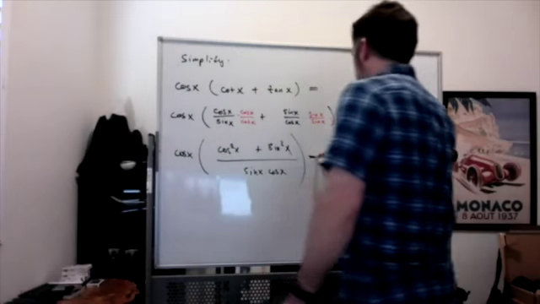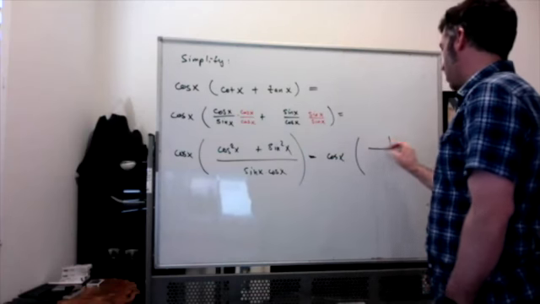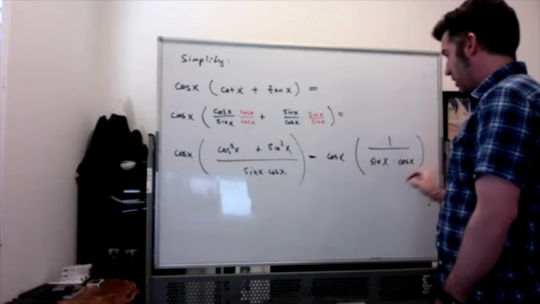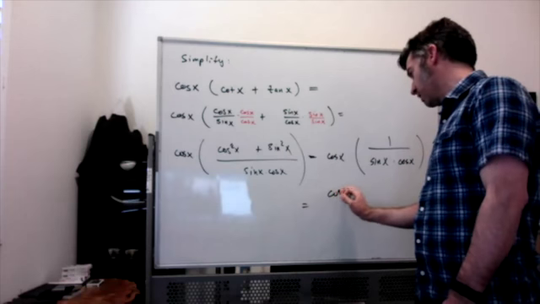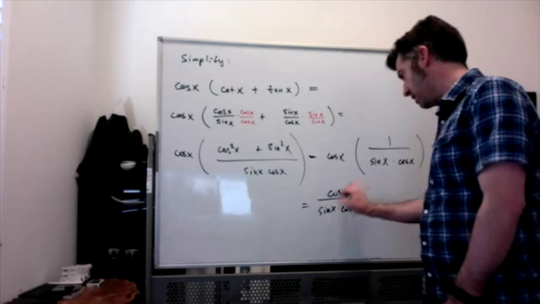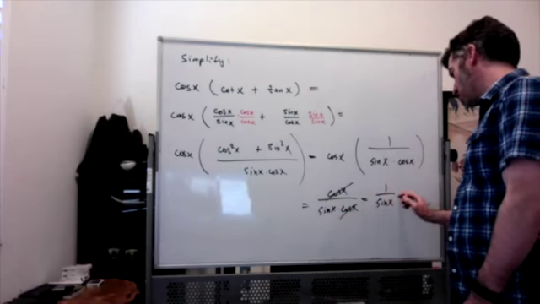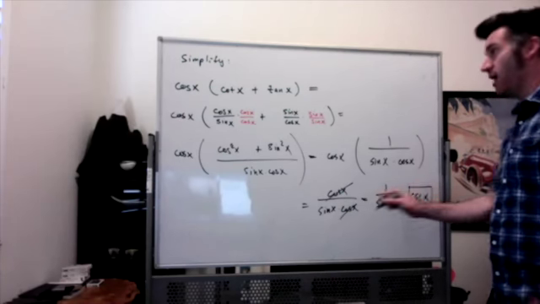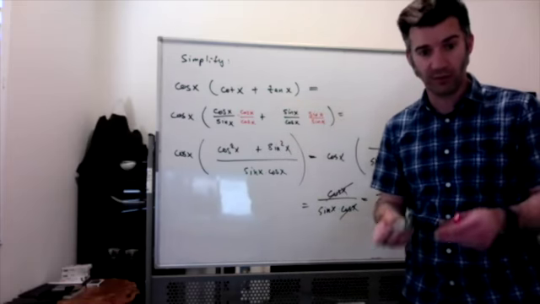So this can be rewritten as still cosine x times 1 over sine x times cosine x. At this stage, you could either cancel the cosine, or you could first write it as cosine x over sine x times cosine x. Then cancel the cosine, write it as 1 over sine of x, which we could write as cosecant of x.